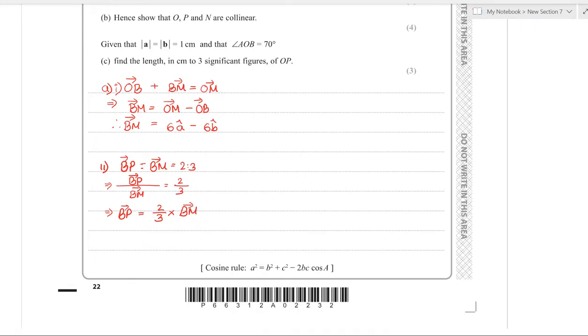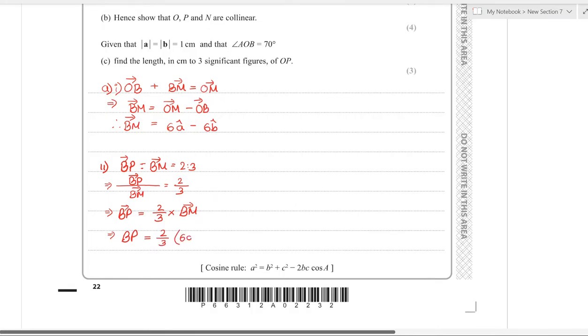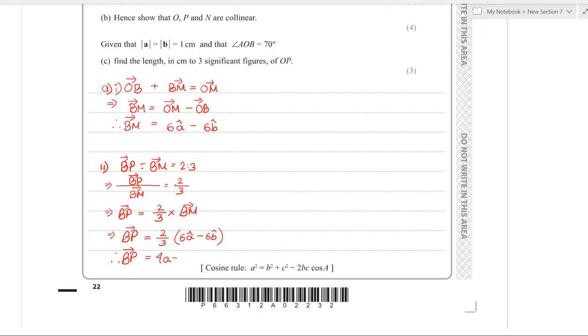Now if you put BM inside this, BP is 2/3 of 6A minus 6B, and 2/3 of 6 is 4, so BP is 4A minus 4B. So the value for BP is 4A minus 4B.